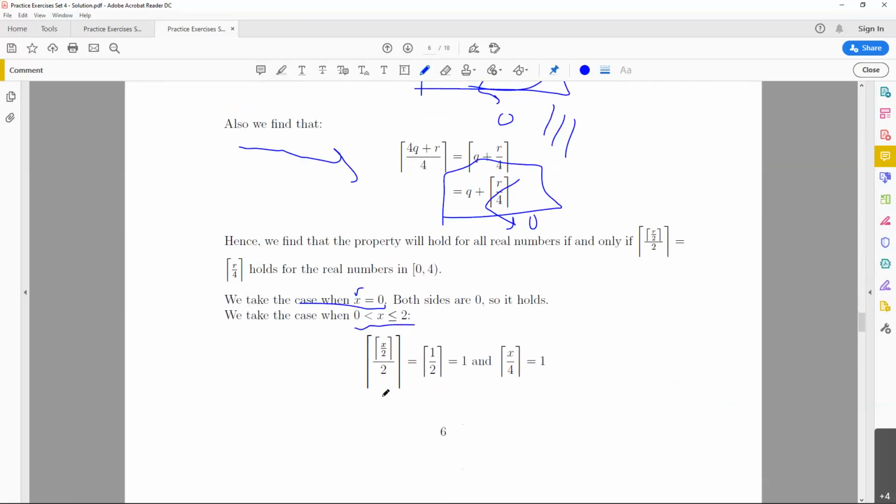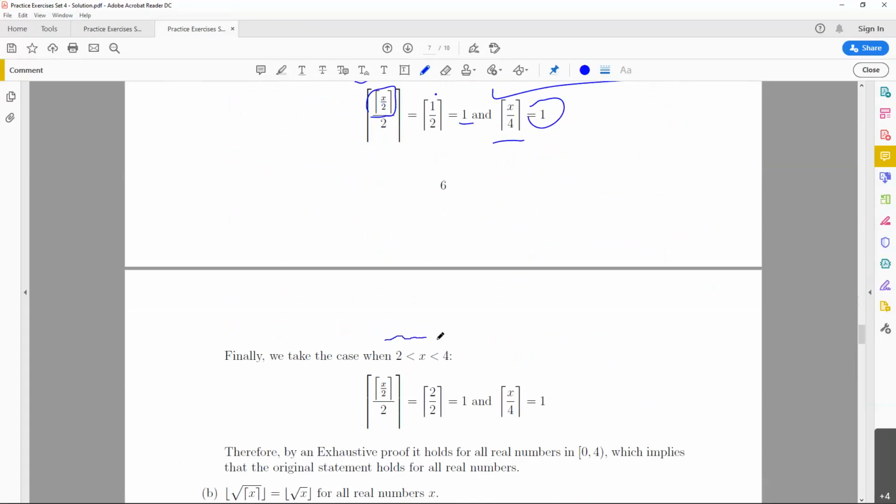Why? So x is less than or equal to 2. So the ceiling of this is always going to be 1. Then the ceiling of half is also going to be 1. For the other side, x over 4, it's like 0 point something. Ceiling is 1. They're the same.